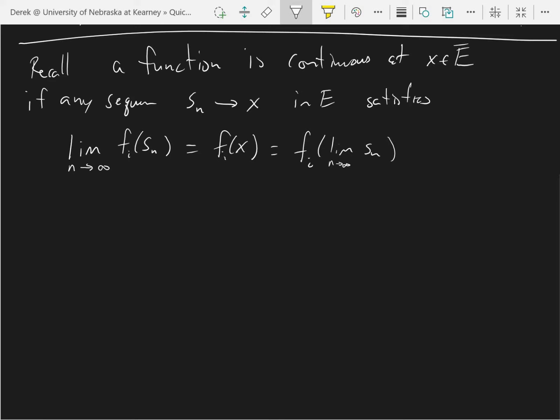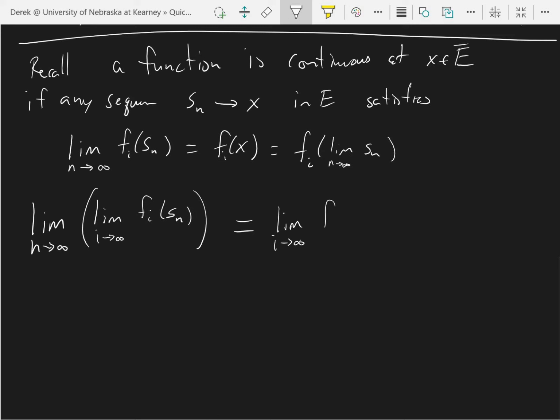If I put i's here, well, I have two different limits now. I've got the limit as n goes to infinity, and I've got the limit as i goes to infinity of f sub i of s sub n. And then if I have continuity on this side, I've got the limit as i goes to infinity of f sub i at the limit as n goes to infinity of s sub n.